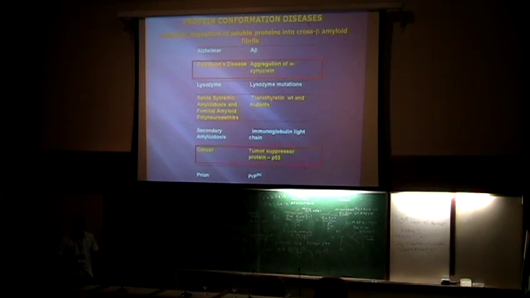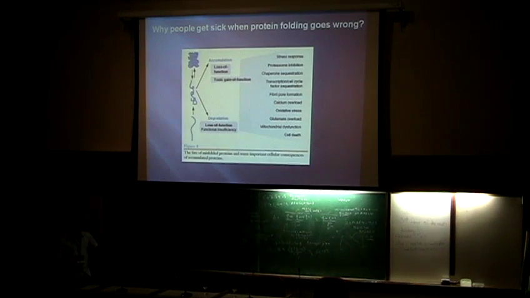So most of my talk will be focused on the proteins involved in these three diseases: alpha-synuclein, involved in Parkinson's disease, the tumor suppressor protein p53, which is involved in cancer, and the prion protein. So, as I mentioned, once the protein goes to a misfolded conformation, and if you don't get back the right structure, you may have two outcomes.